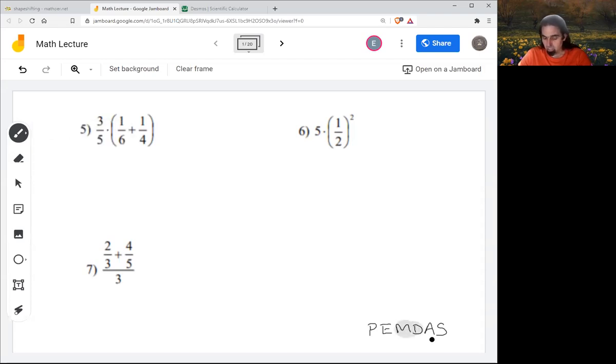One is that multiplication and division and addition and subtraction are their own single things. It is not true that in multiplication and division one has higher priority than the other. They have equal priority. Addition and subtraction have equal priority. And if it's ever just the two of them, then you want to go left to right for those types of things. Also, parentheses is really the same kind of thing as fraction bars. So think of fraction bars and parentheses as one thing, and we'll get to that with number 7.